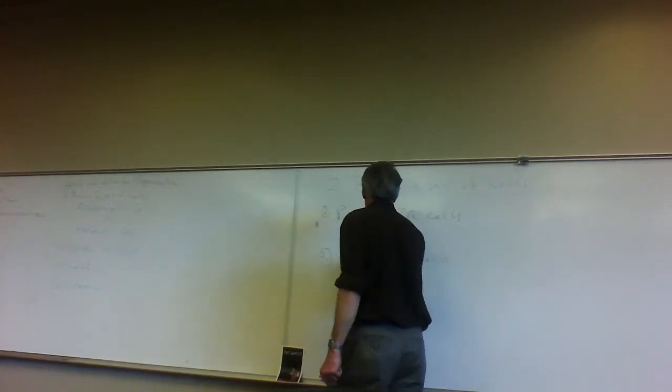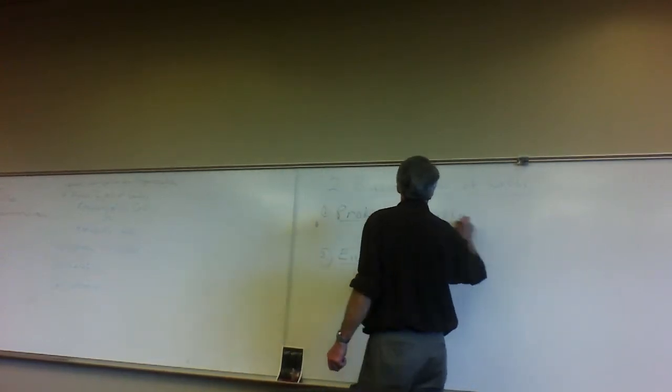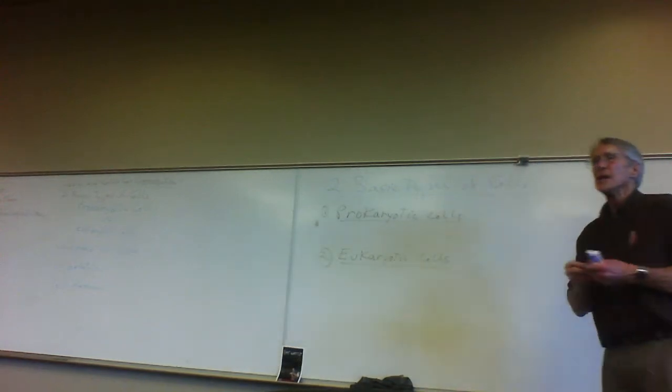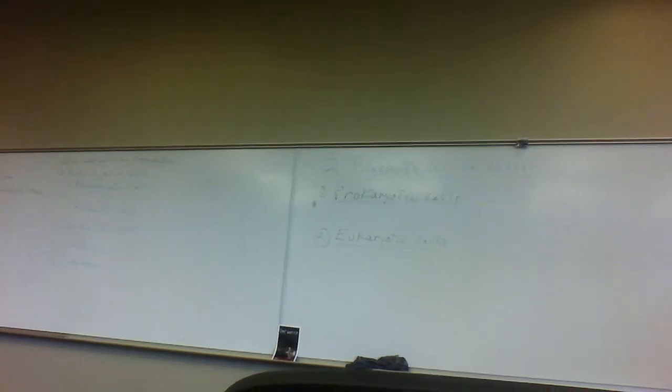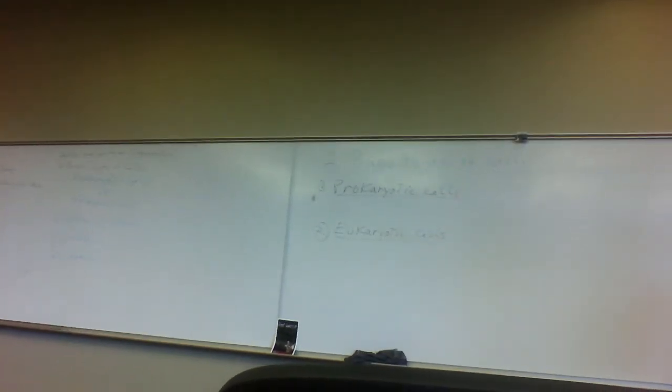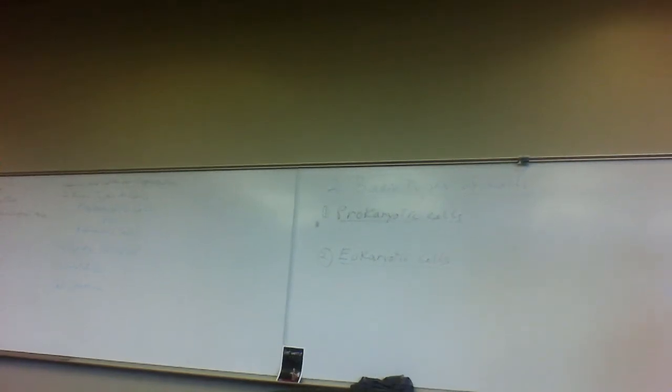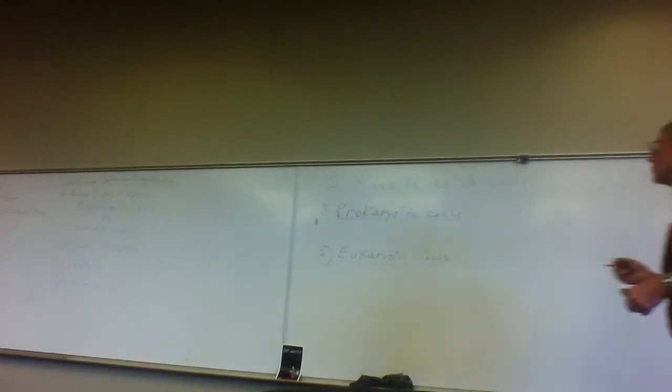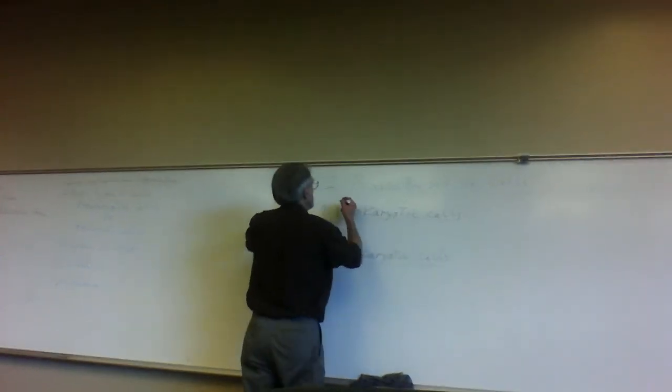By the way, this distinction really started in the 1960s, before they really realized this, and then they started to make sense out of it. First of all, the words pro and karyo and all that. I think we talked about this once before, but the word pro means before. So the little prefix pro means before.